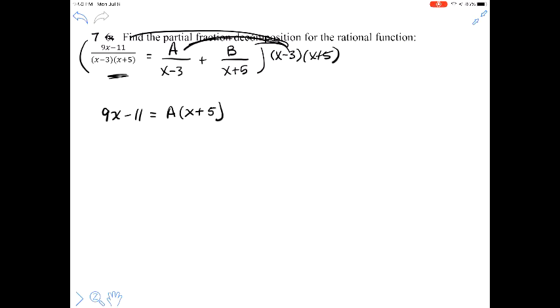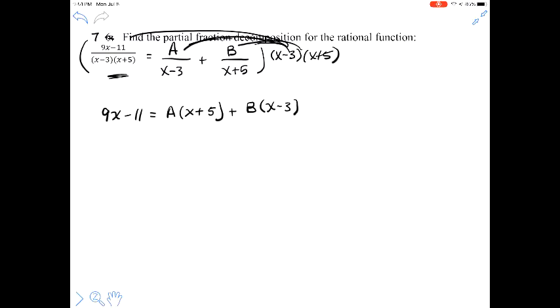And then when we multiply the LCD to the b partial fractions, the x plus 5 factors would cancel, so then b would multiply with x minus 3.